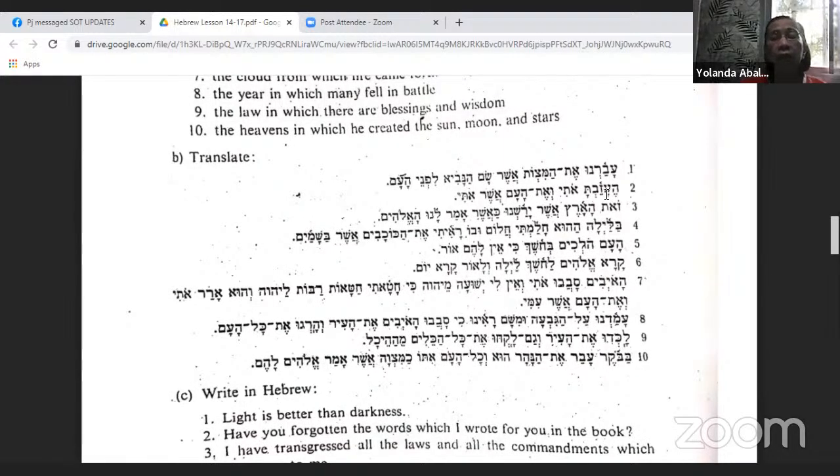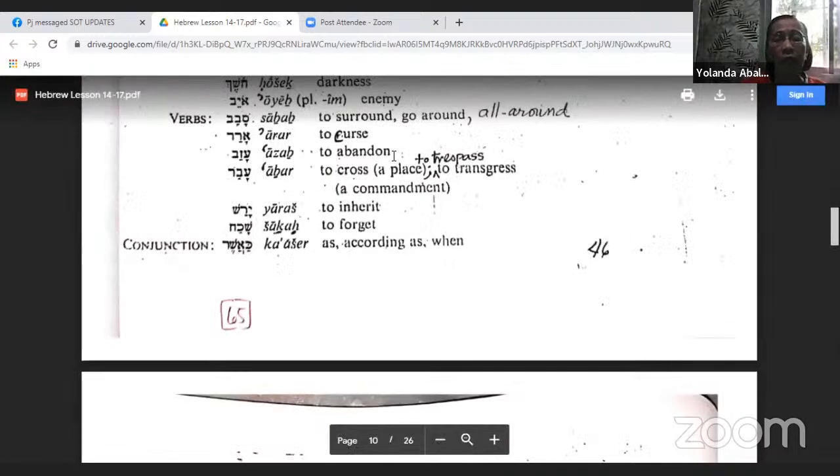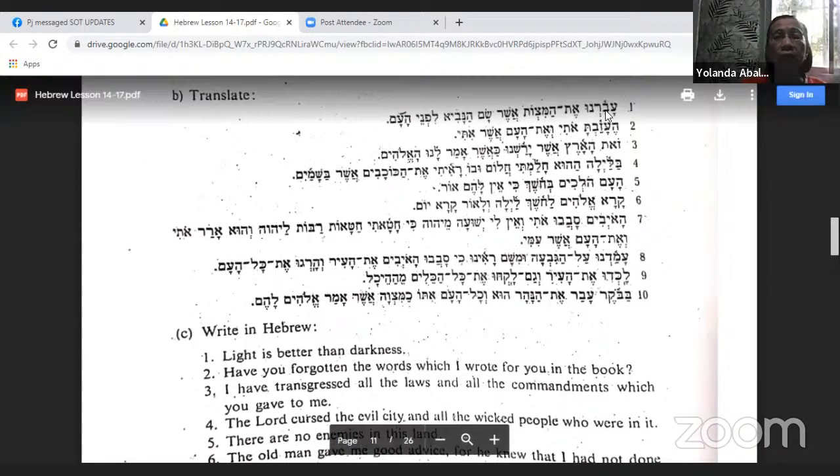Haazabta. Alright, haazabta. Azab. Ano uli ang azab? Abandon. Haazabta oti. Abandoned ve'et Ha'am and the people Asher which are with me. So that he abandoned the people which are with me.